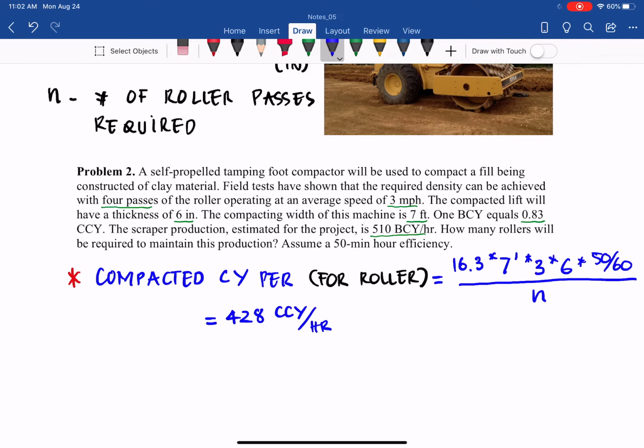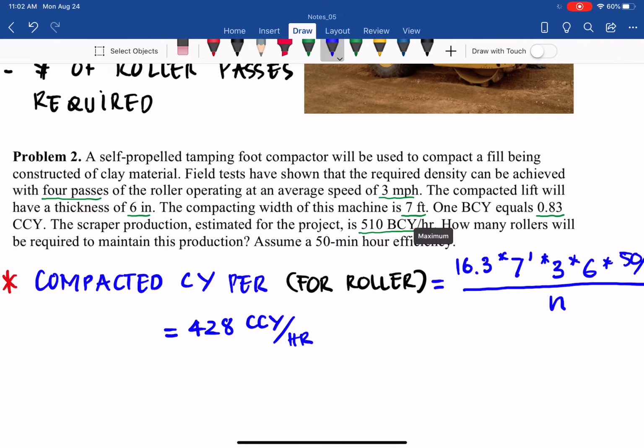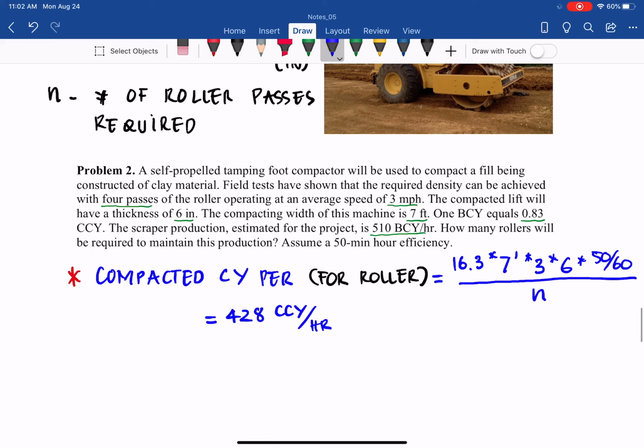And because the production rate of the scraper is BCY per hour, either you convert BCY to CCY or CCY to BCY. In this case, I convert the compacted cubic yard to bank cubic yard. And how to do that? From lesson 1, you have 428 divided by the shrinkage factor, because 1 BCY equals 0.83 CCY.